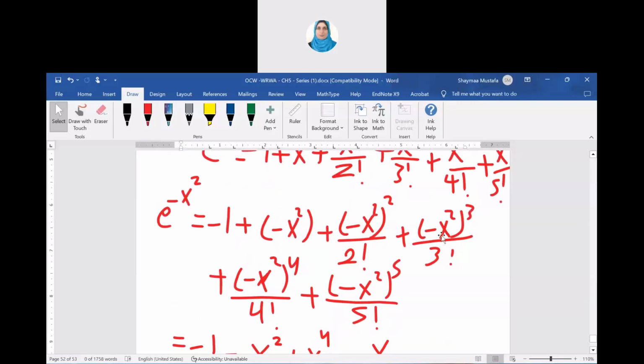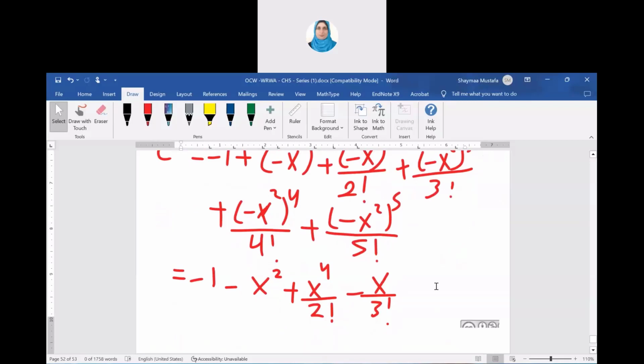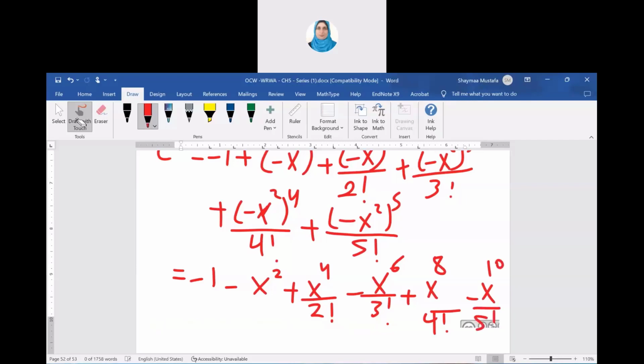This one, minus with odd power will keep minus, so x squared to the power 6, plus x to the power 8 over 4 factorial, minus x to the power 10 over 5 factorial.